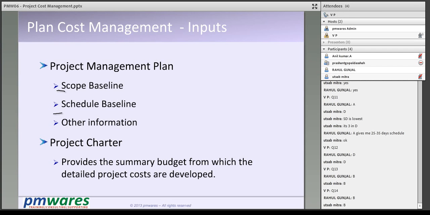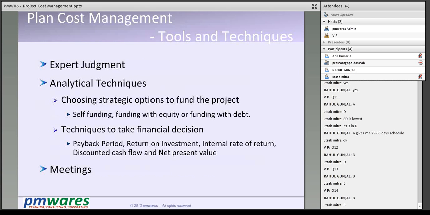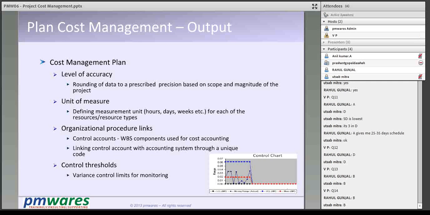These are the main input as a project management plan. So basically you need simple analytical skills to prepare a management plan that we already know. What is in the cost management plan, what exactly goes?